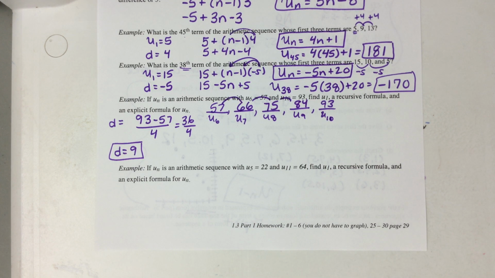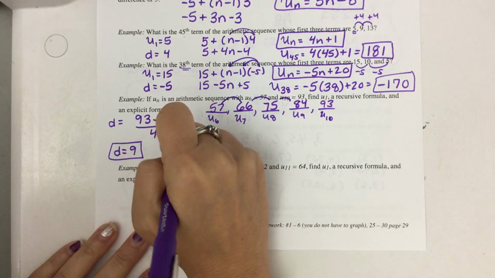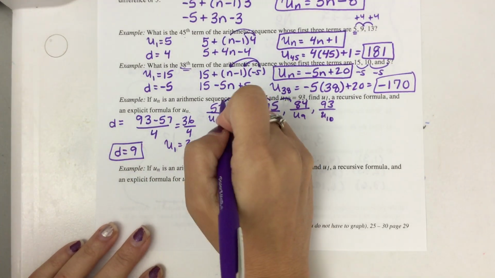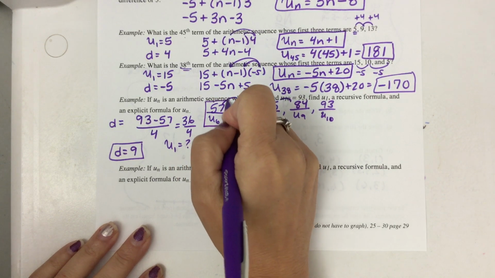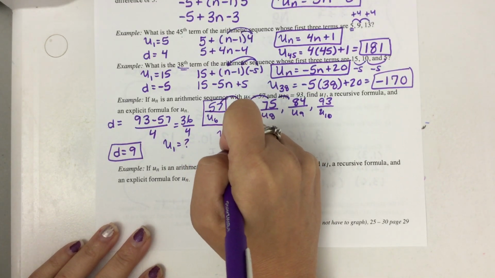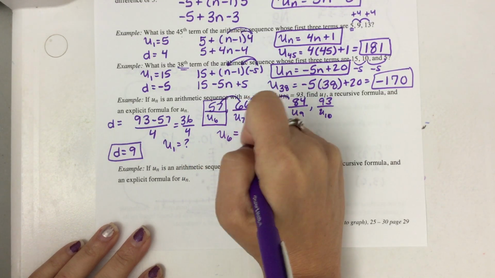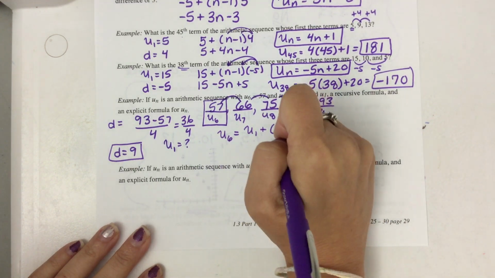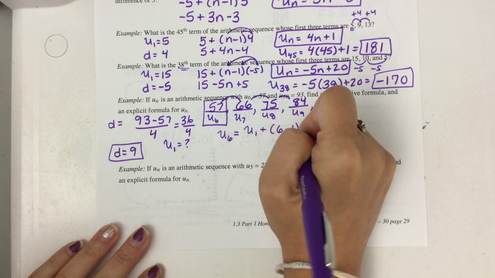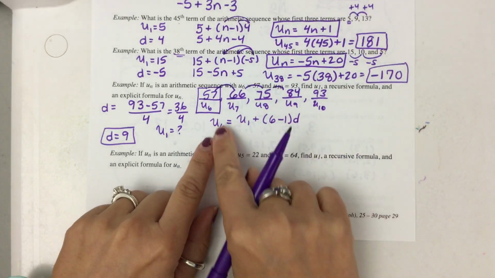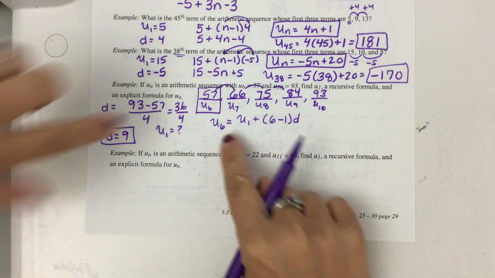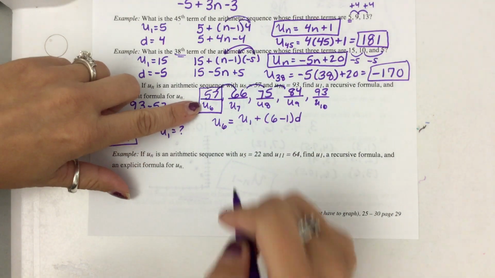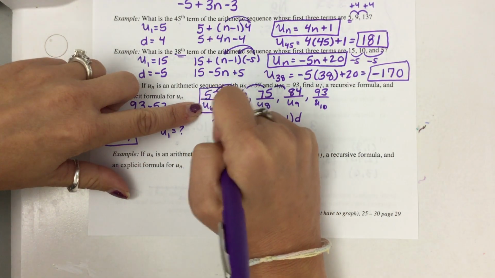Now what we have to do is figure out what is u sub 1. That's the next step. So you start with the first term that we know. So u sub 6 equals u sub 1 plus 6 minus 1 times d. I can fill in some of these values. u sub 6 is 57.